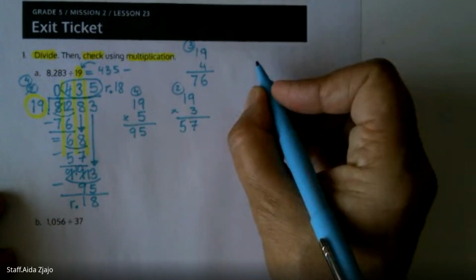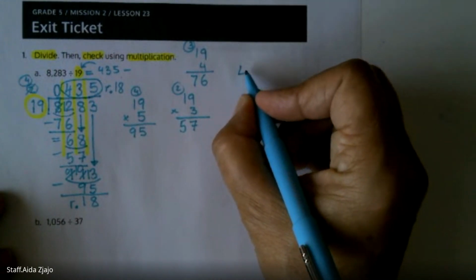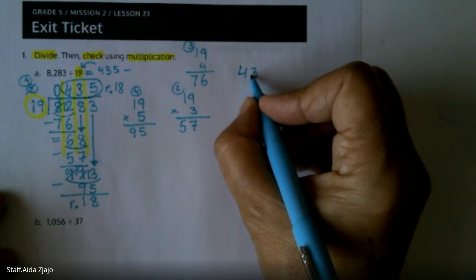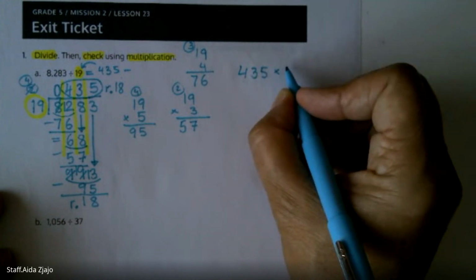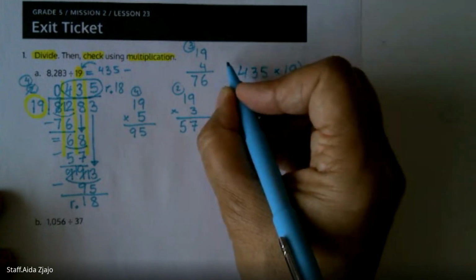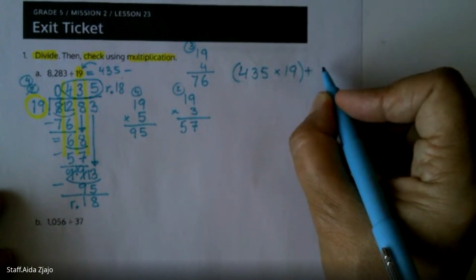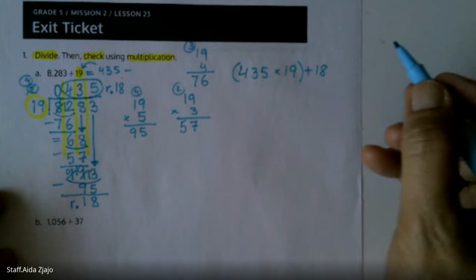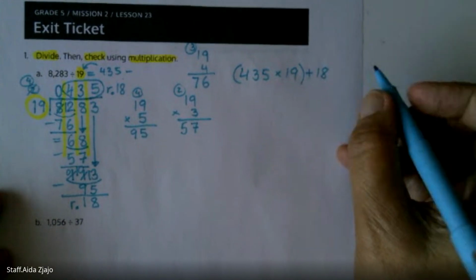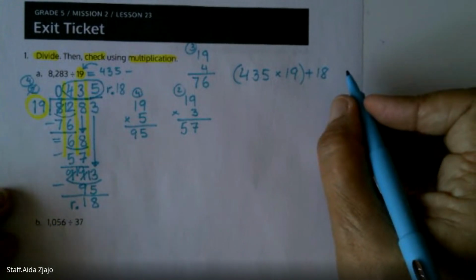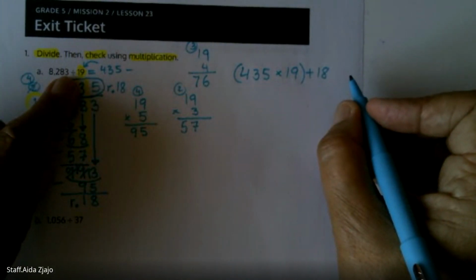So that's what it is going to be. 435 times 19 plus 18 will be our check. It must equal 8,832.